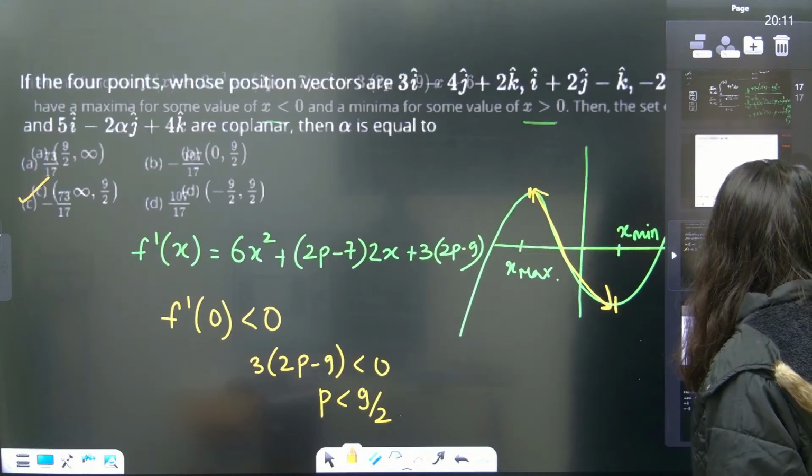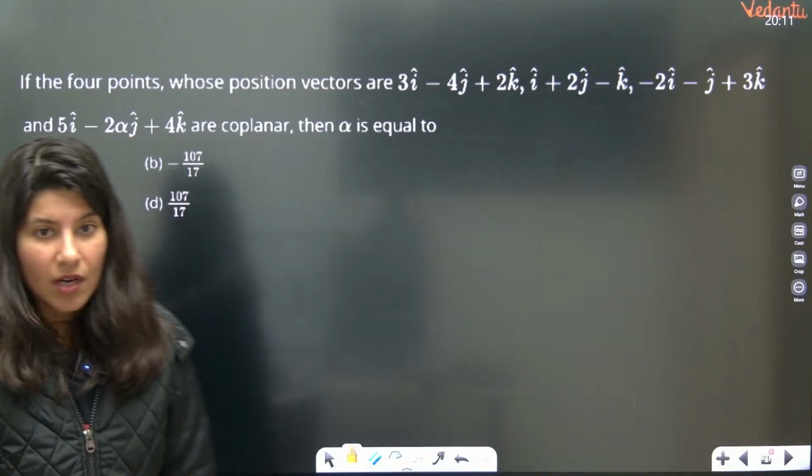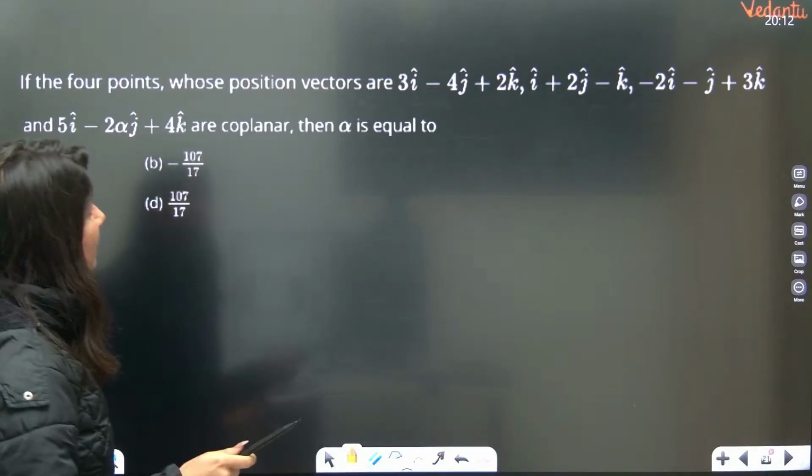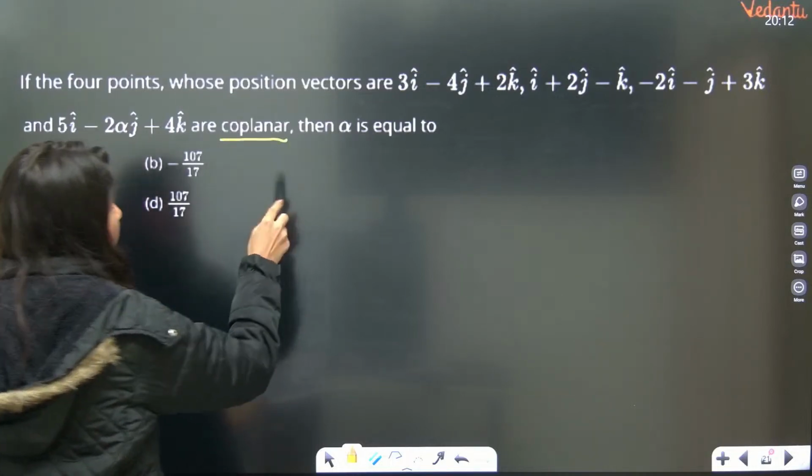Now let's move on to the next problem. If the 4 points whose position vectors are given are coplanar, then alpha is equal to what?